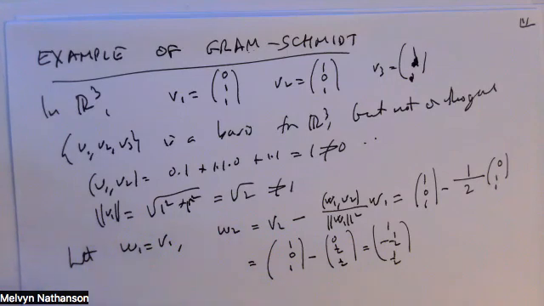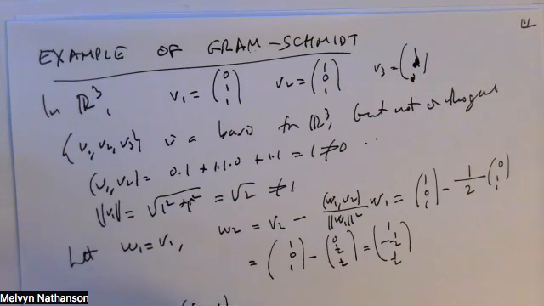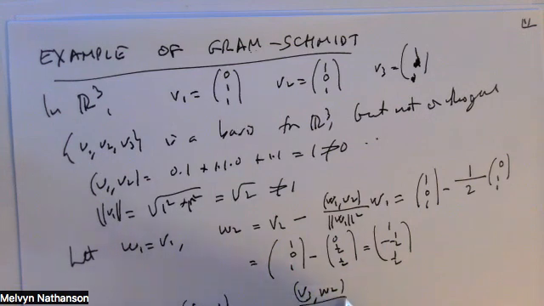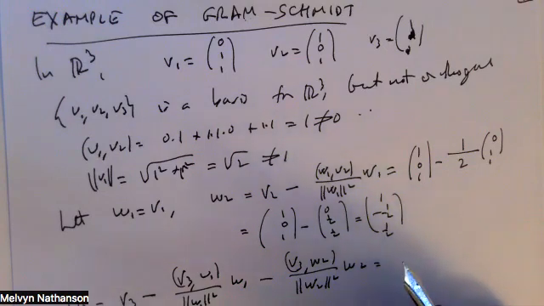How do I get my vector W3? W3 is going to be V3 minus the inner product of V3 and W1 divided by the length of W1 squared times W1, minus the inner product of V3 and W2 divided by the length of W2 squared times W2. So let me do this calculation. V3 is 1, 1, 0.